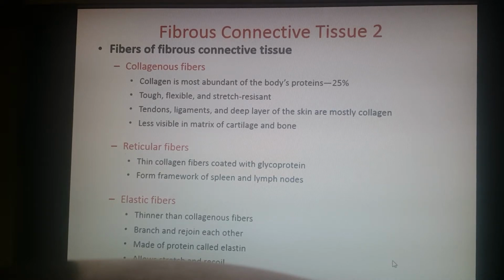Inside our fibrous connective tissues, there are multiple types of fibers. We have our collagenous fibers, which are made of collagen. Collagen is a type of protein. It's very tough, flexible, and stretch resistant. This fiber is found in our tendons and ligaments.